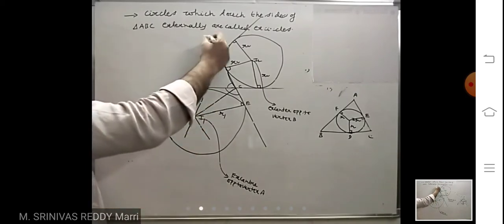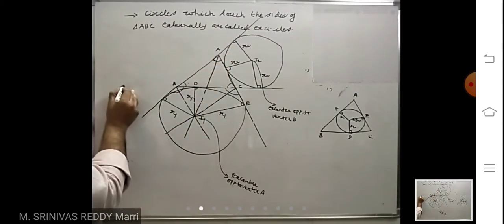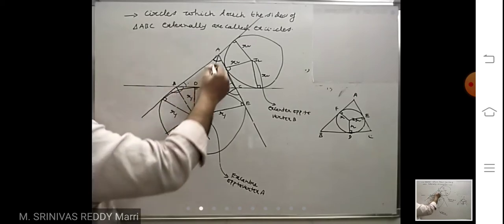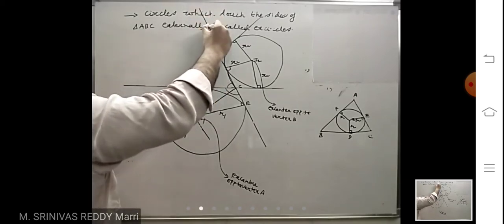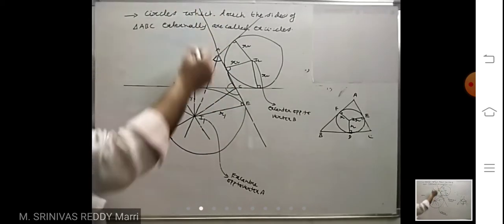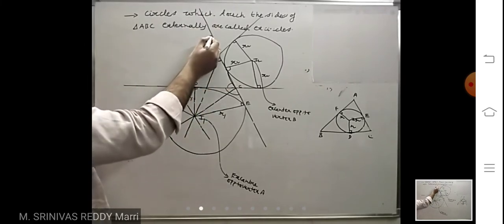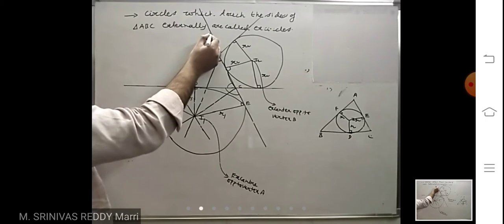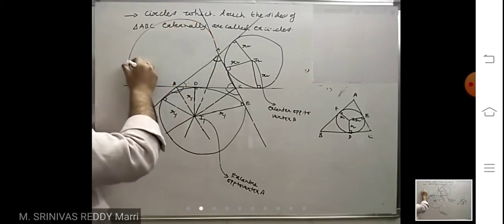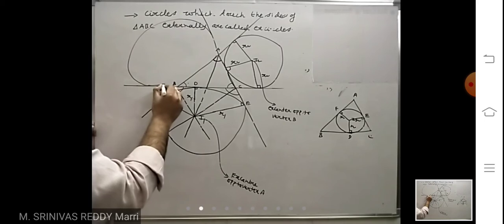Similarly, on this side there will be one more circle. I am extending the side CA and the side CB. There will be one circle touching all the sides. I am drawing it like this.